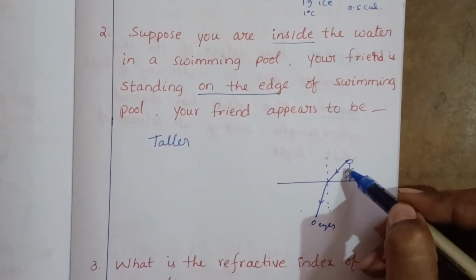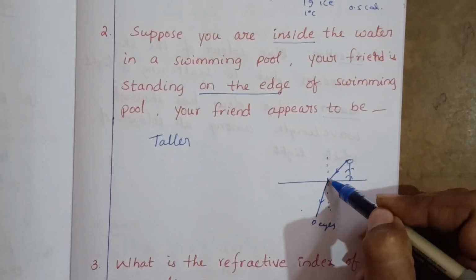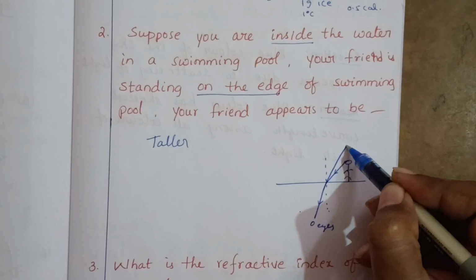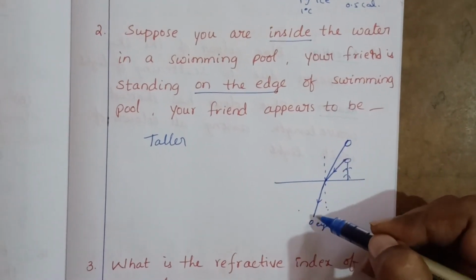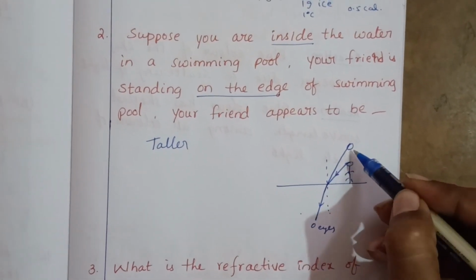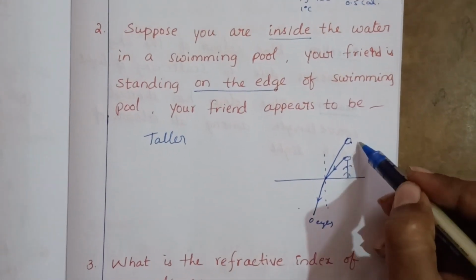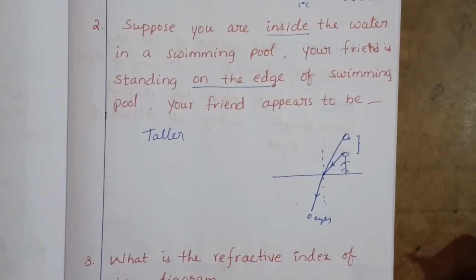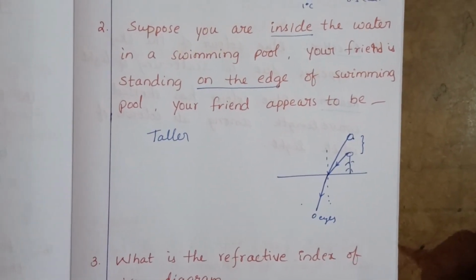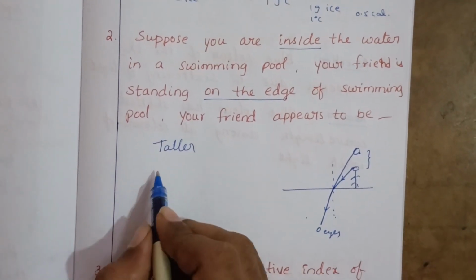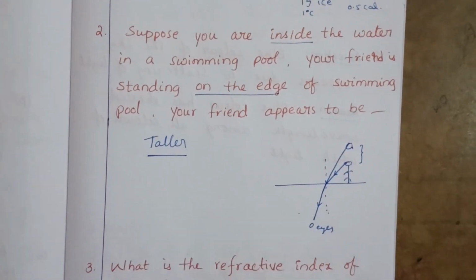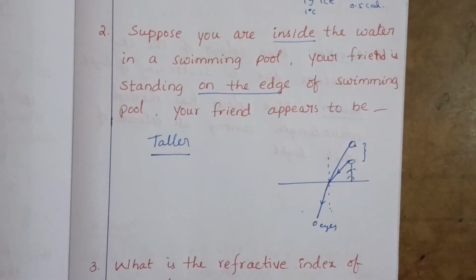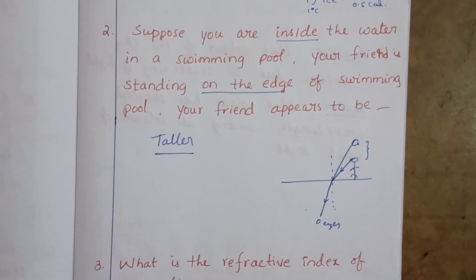But actually he appears in a straight path, so his head appears here. So this much height increases, and he appears taller than actual height.